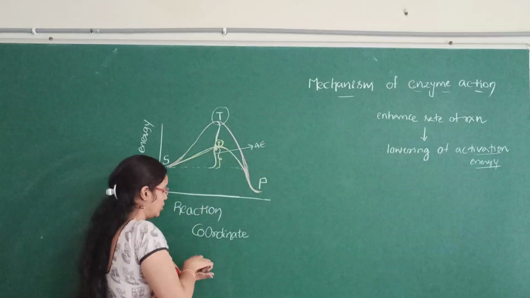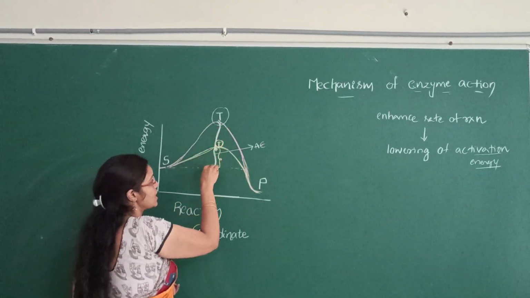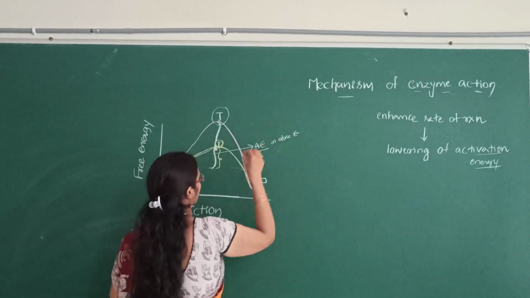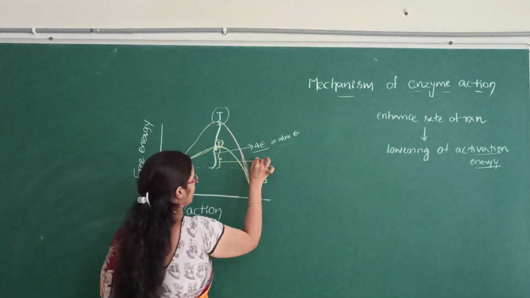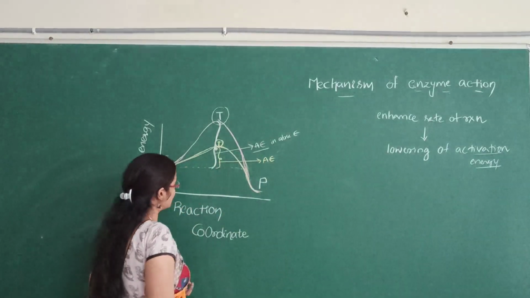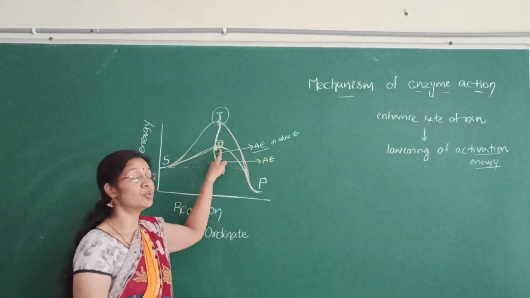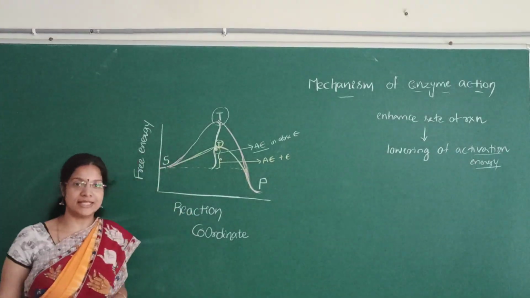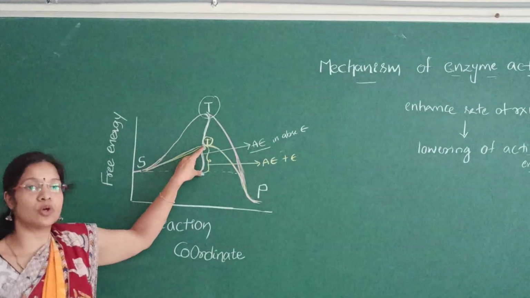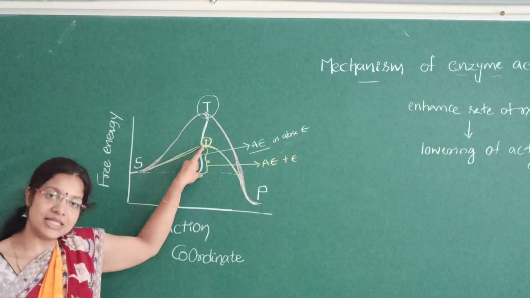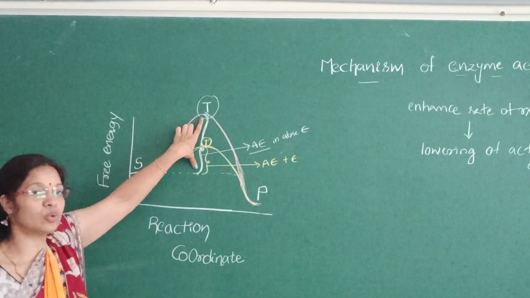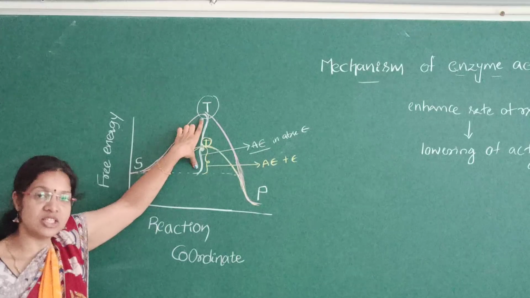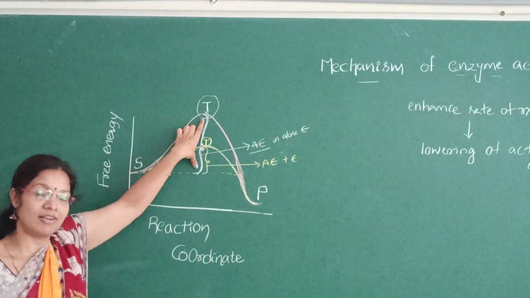The white line represents the activation energy in the absence of enzyme, and the yellow line represents the activation energy in the presence of enzyme. With enzyme, a very small amount of energy is required, and the activation energy is very high whenever the enzyme is not catalyzing the reaction.